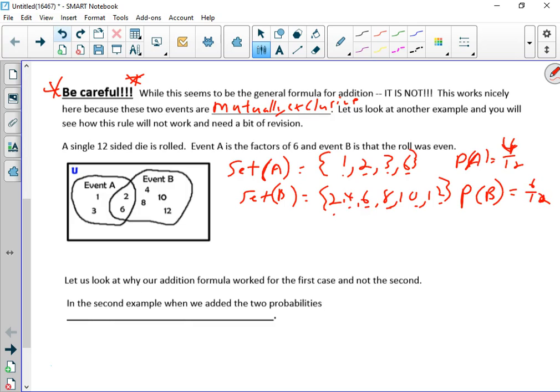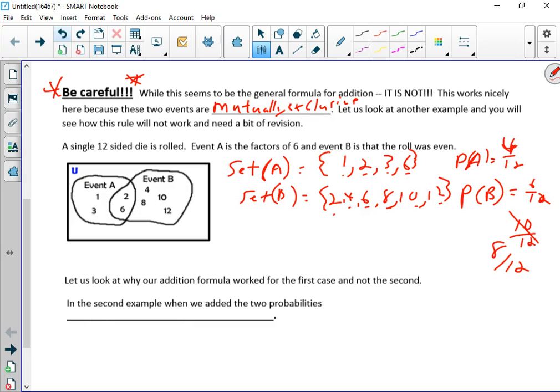Not 10. Getting ahead of myself. Now, if I add those 2 together, I would get 10 out of 12. But that's not the right answer. The right answer is 8 out of 12.